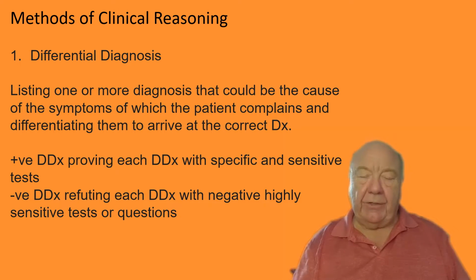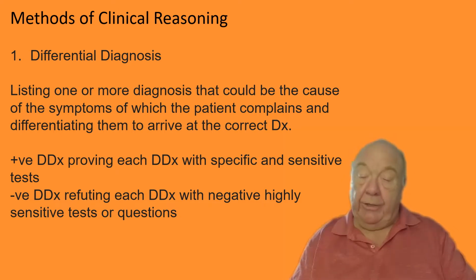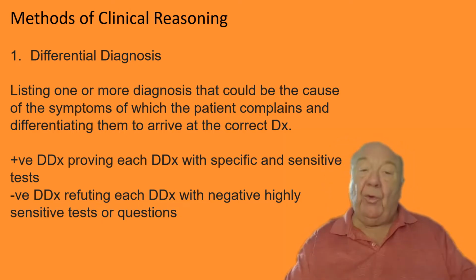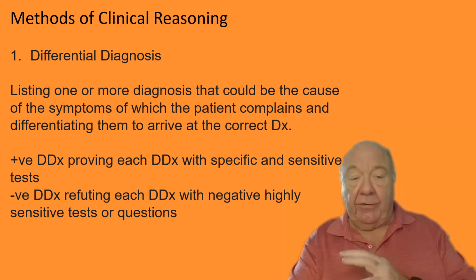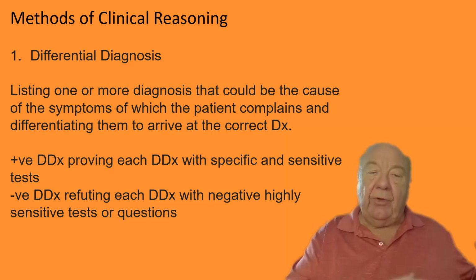Generally, differential diagnosis is used to make a diagnosis. It's certainly not the only use of it. In fact, we're going to explore more useful uses of this than actually making the diagnosis for our patients, at least. But it's basically making a list of diagnoses that could cause the symptoms of which the patient is complaining and then differentiating them to arrive at the correct diagnosis.